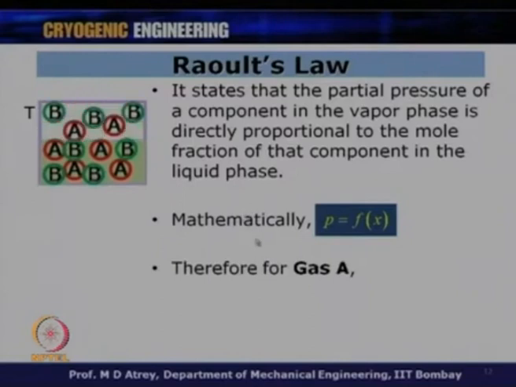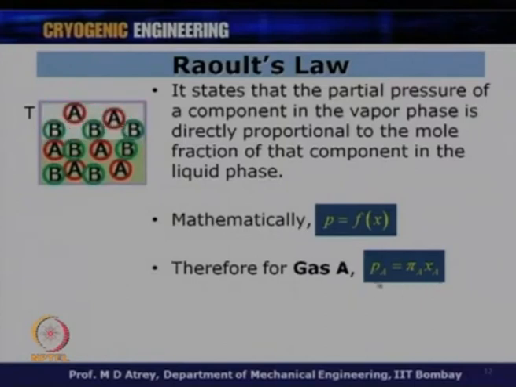So, if I apply this law for gas A, I will get PA is equal to πA XA. It's clear. Here PA is related to XA, and the constant of proportionality is the vapor pressure at the mixture temperature. So, PA equals πA XA is a very important result coming out of Raoult's law.